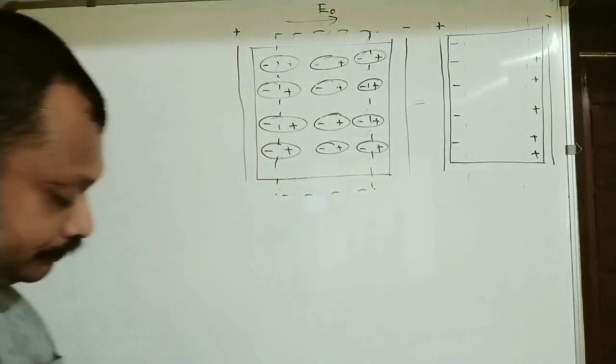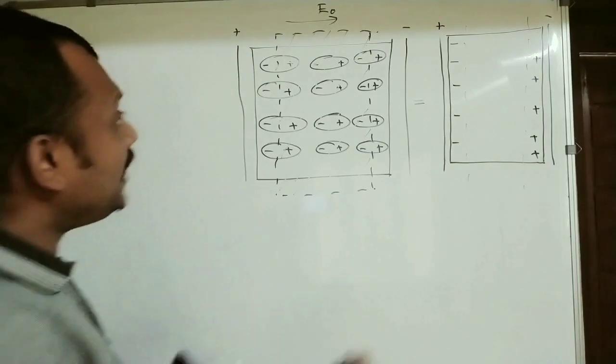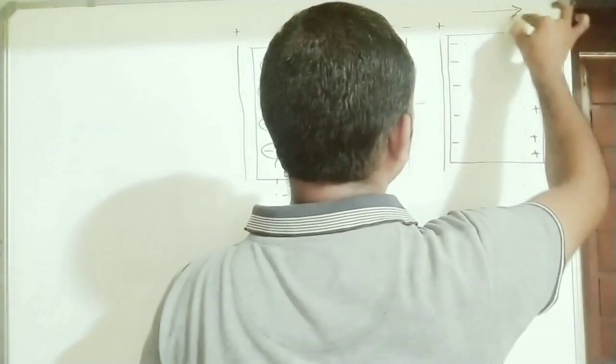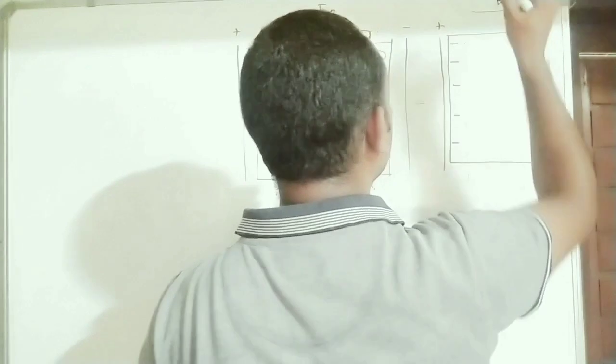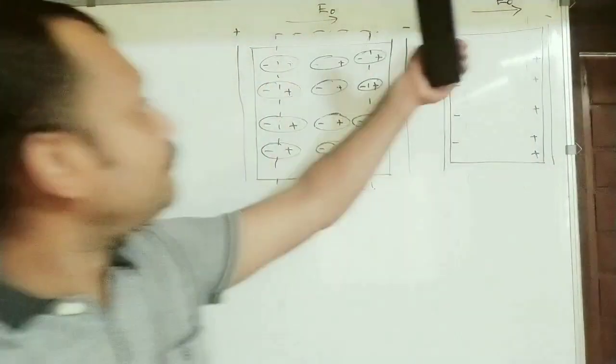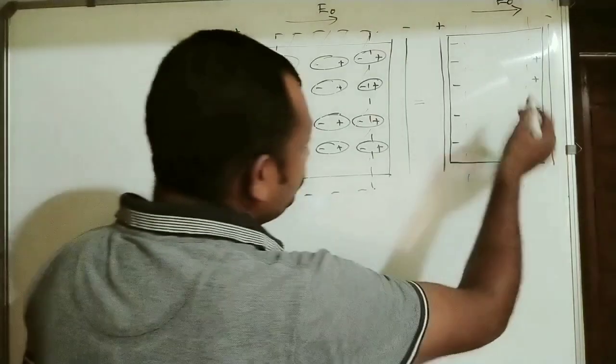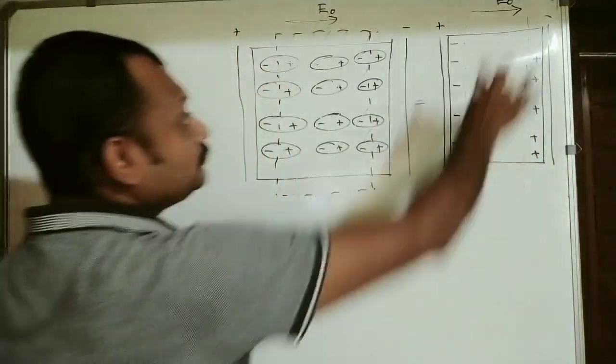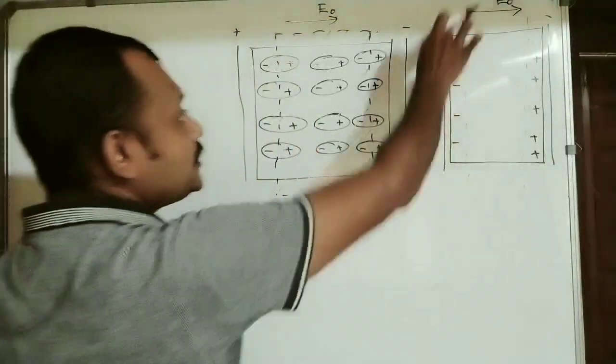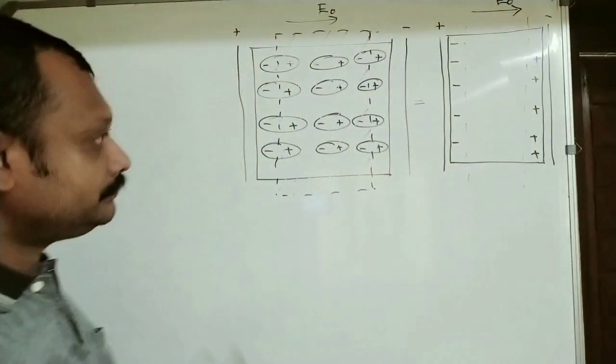Okay, so which means the outside field, if I say E0 is the outside field, the direction of E0 is likewise. And look at the dielectric now. This is a region of positive charge. This is a region of negative charge.